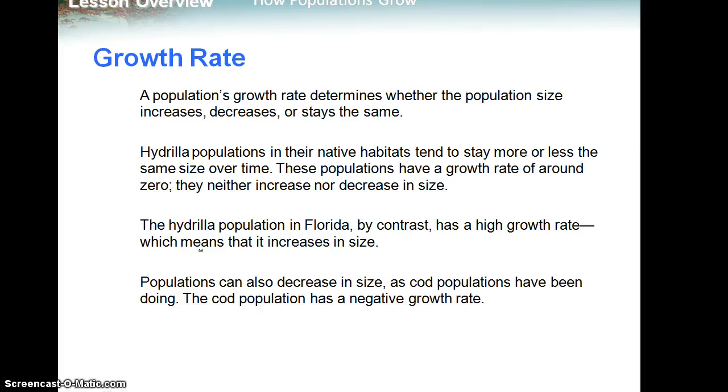There will be small periods of growth and there will be small periods of decrease, but over time we see basically it's staying at the same level, and so that growth rate is going to stay around 0 when we're not having an increase nor a decrease. But in Florida, where there's no natural predators of the hydrilla, they have a very high growth rate. This is going to be a positive growth rate.